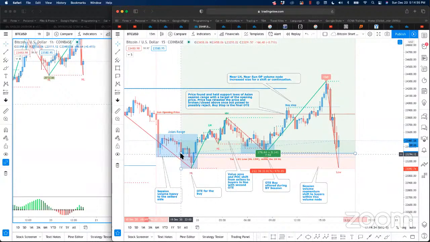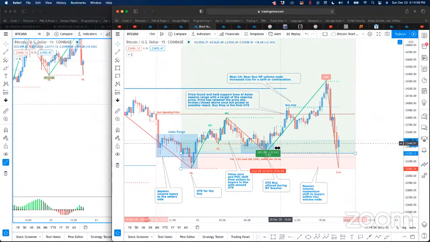So guess what I did? Buy stop right here. It pulled me in. London comes back down. It pushes up to the opening price and it rejects. But once it comes back down near where my entry was, we got another rejection because we're rejecting these lows, right?